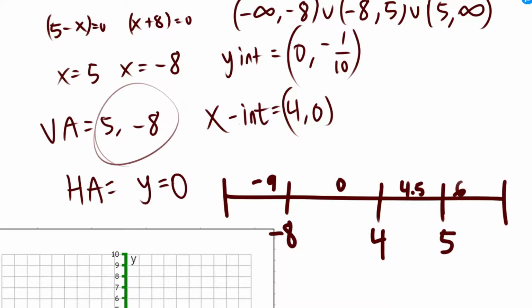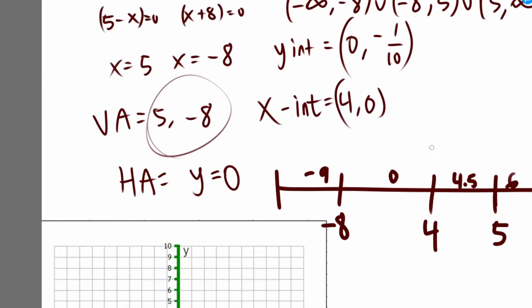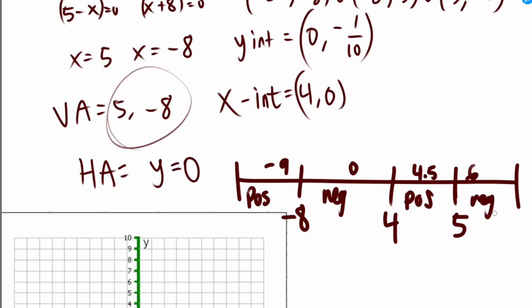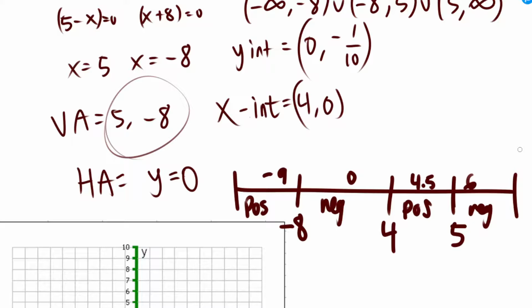When the horizontal asymptote is equal to 0, I'm going to just plug these values into my function to see if they are positive or negative in those regions. I find that this one's positive, this one's negative, this one's positive, and this one's negative. And you are pretty reliably sure that these are not going to change.